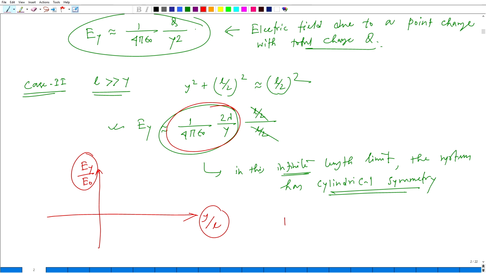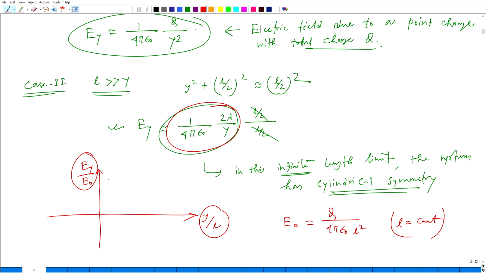E naught is just q over 4 pi epsilon naught L squared, since L is a constant, the length of the rod. We divide by this, and also the perpendicular distance is divided by the length L to make the variable dimensionless.